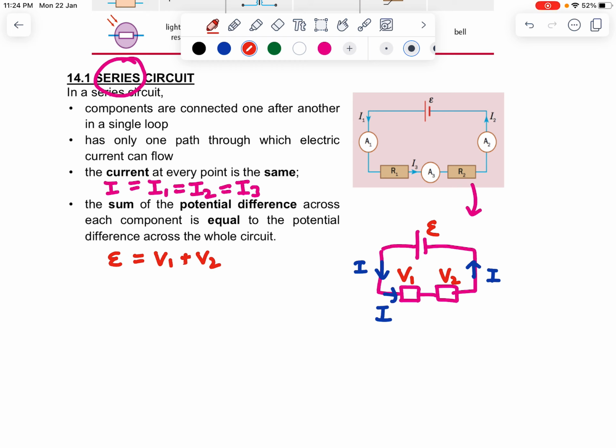For resistance, the formula will be R, total resistance with a capital letter T, equals R1 plus R2. If there's more, you can just add them up together. And that's for series circuit.